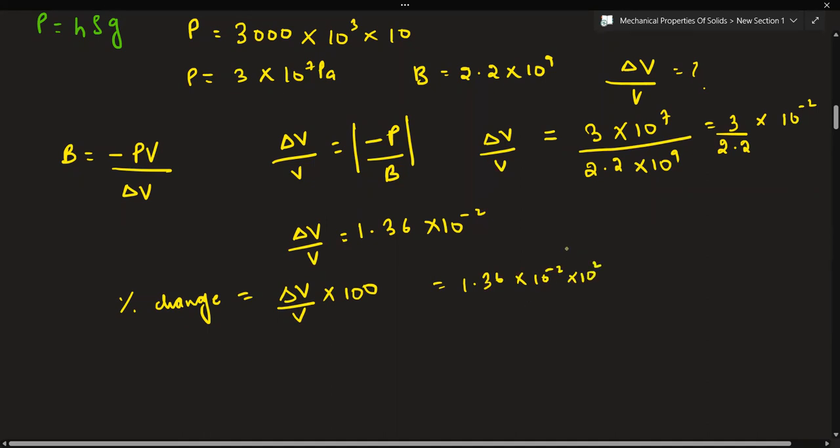So 10 to the power minus 2 cancels 10 to the power 2. If you wanted to calculate the percentage change in the fractional compression of volume, you will be left with 1.36% only. Fine. Just multiply the fractional compression with 100. Just note this down, then we'll move further.